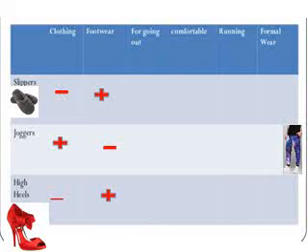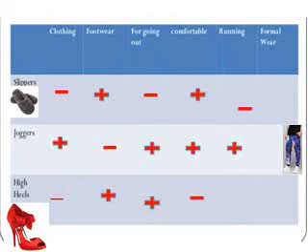For going out, probably slippers would be minus, joggers plus, high heels plus. Comfortable, the first two would be plus, high heels generally would be minus. For running, of course, joggers would be plus, high heels and slippers minus. For formal wear, both slippers and joggers will be minus and high heels plus.